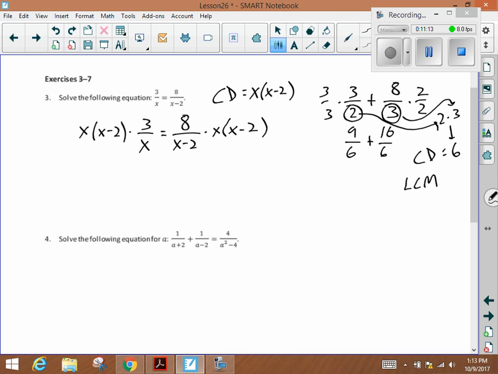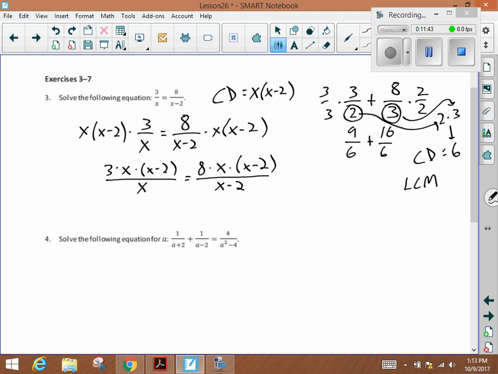Well, what happens if I multiply this? What I have is 3 times x times x minus 2 in my numerator. And in my denominator, I just wind up with x. Over here, I would have 8 times x minus 2 in my numerator, and my denominator would be x minus 2.